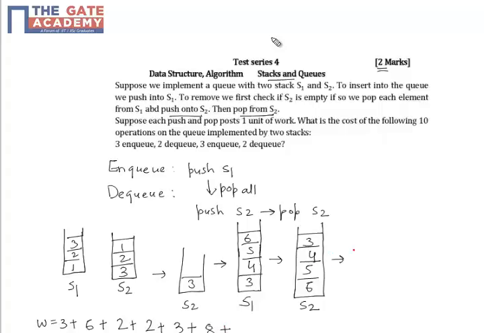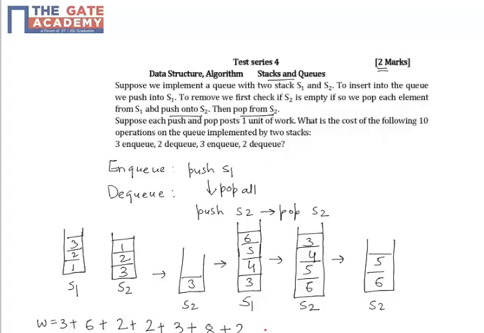Then I will again perform a pop operation, and the last 2 elements left in S2 will be 6 and 5. So I have taken the 2 elements out of the stack. At the end I have performed 2 units of operation here. So these are the last 2 DQ operations.